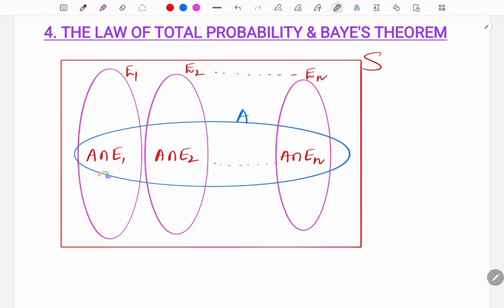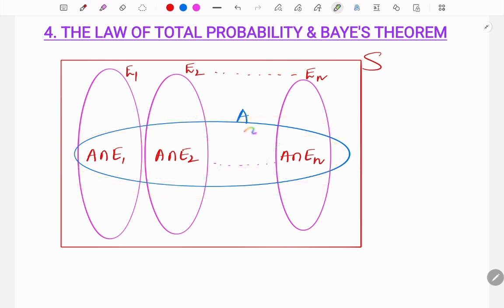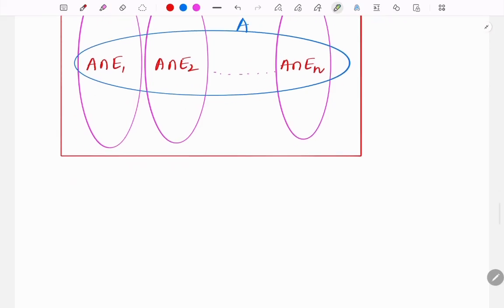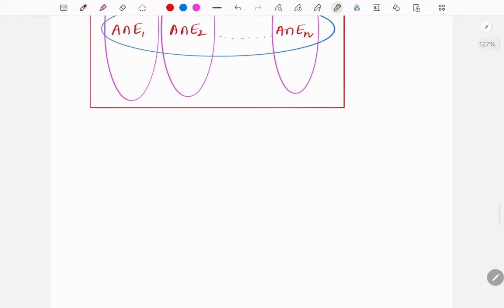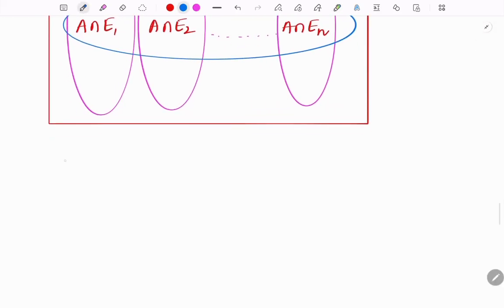Now if you want to find the probability of A, you should add this part, this part and this part. All these parts you should combine; only then will we get P of A. Otherwise it is not possible. From the above Venn diagram, A equals A intersection E1 union A intersection E2 and so on, union A intersection En.